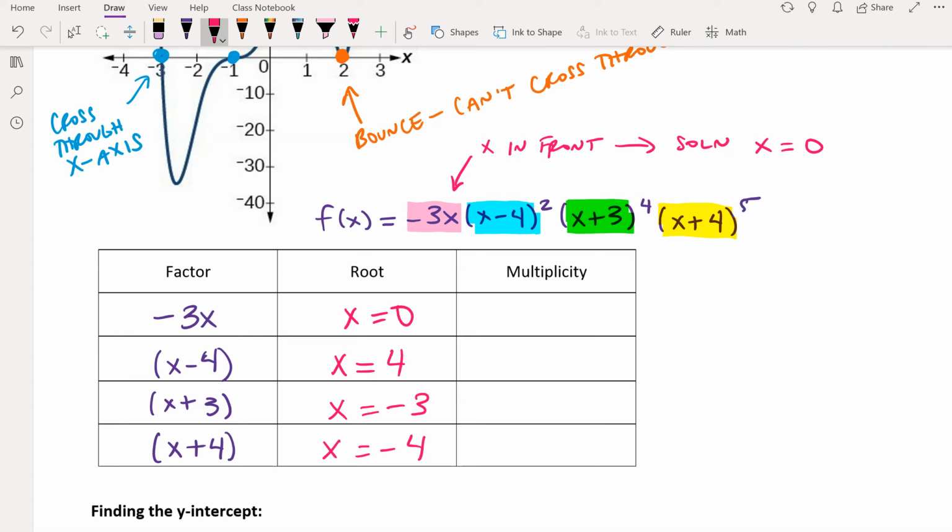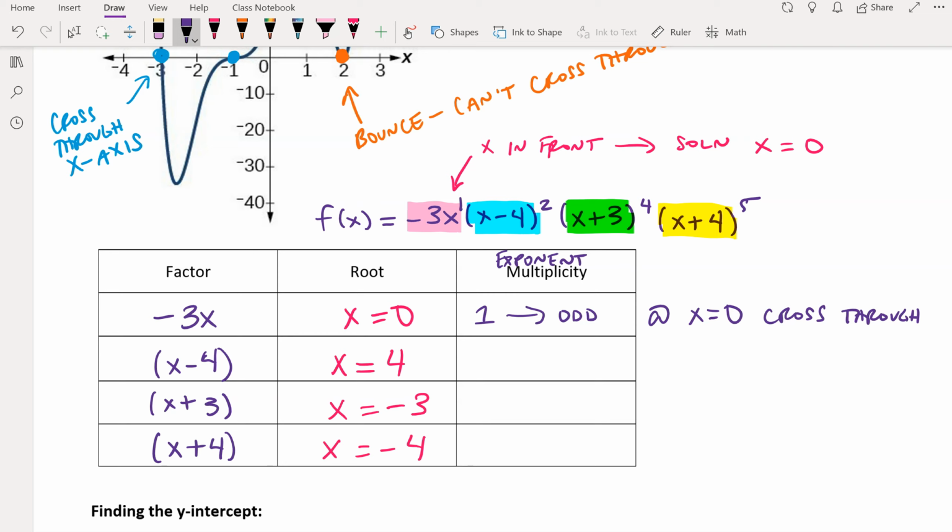Now let's write the multiplicity. The multiplicity is the exponent, and we need to state if it's even or odd. What is the exponent on our first factor, on the first x? That exponent is 1, so the multiplicity is 1, and that's odd. So at x equals 0, we cross the x-axis, cross through.